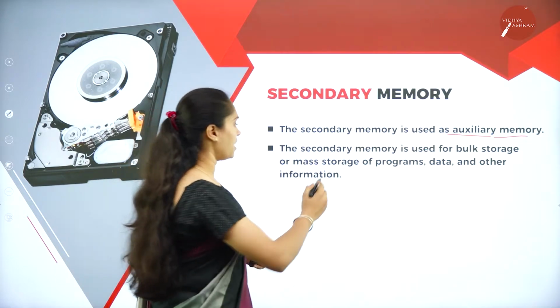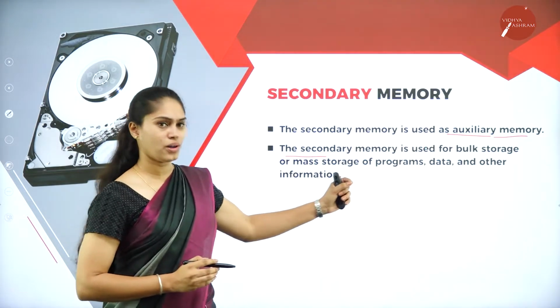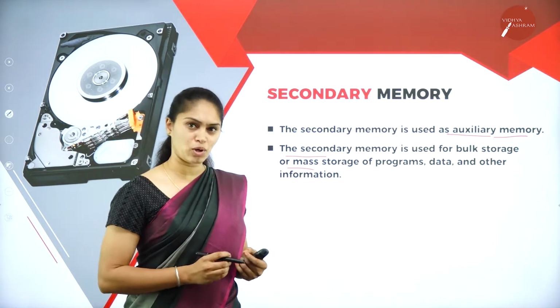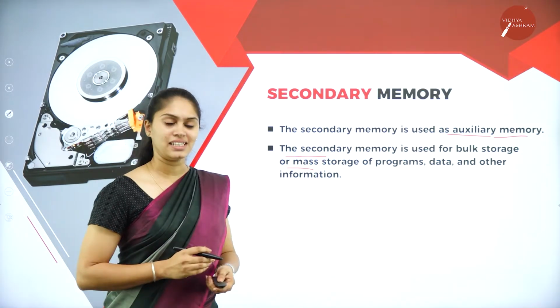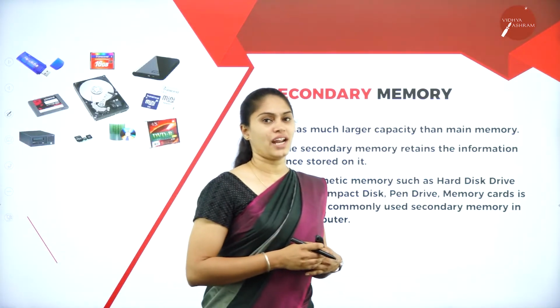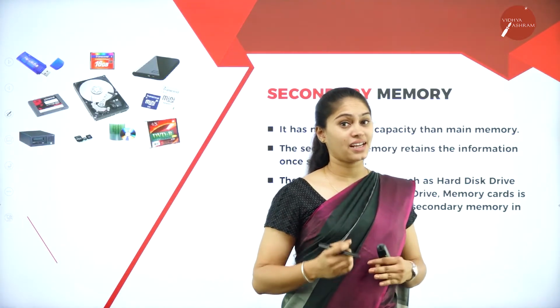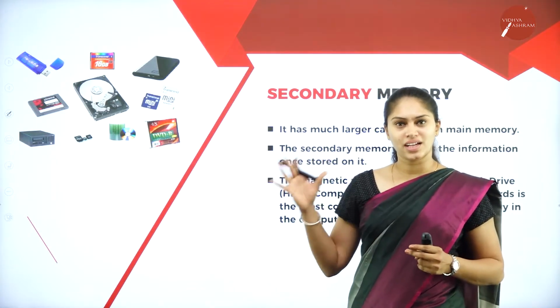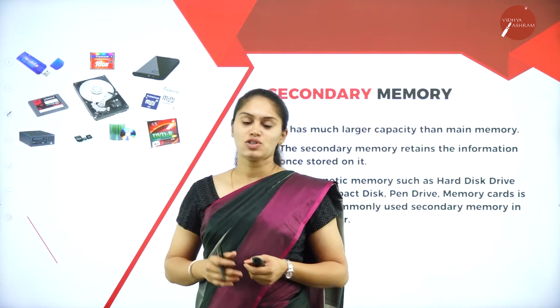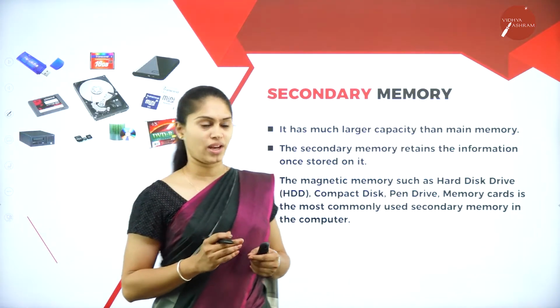So the secondary memories are mainly used to store a large amount of data, or a mass storage of the program's data or any other information. In order to store a large or bulk amount of data, we are going to use the secondary memory. Okay, so when it comes to the secondary memory, here we have a moving part, but that is not the case with primary memory, right?